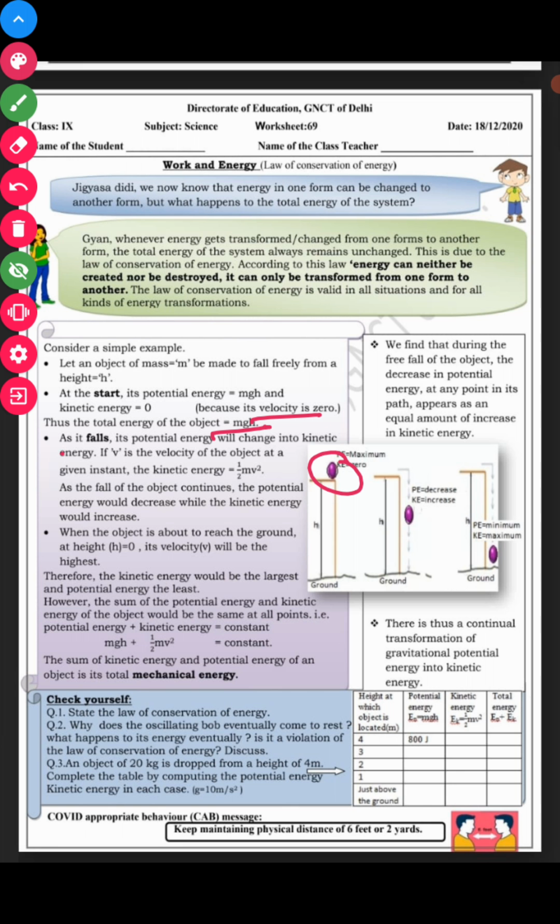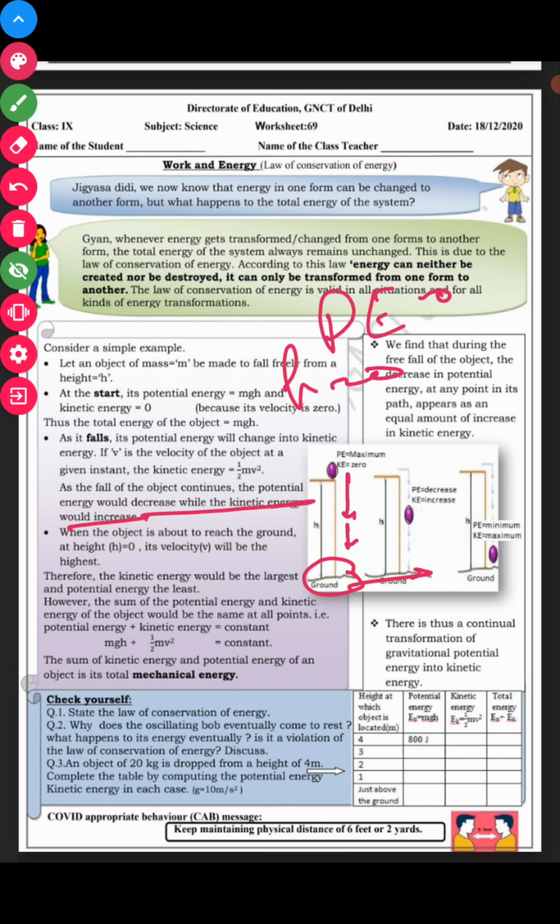As we let the object fall, its potential energy is converted into kinetic energy. If v is the velocity of the object, then at that instant the kinetic energy is half mv squared. As the object falls, its potential energy decreases and gradually its kinetic energy increases. When the object is about to reach the ground, its potential energy is 0 because h is 0, whereas the kinetic energy is the highest.